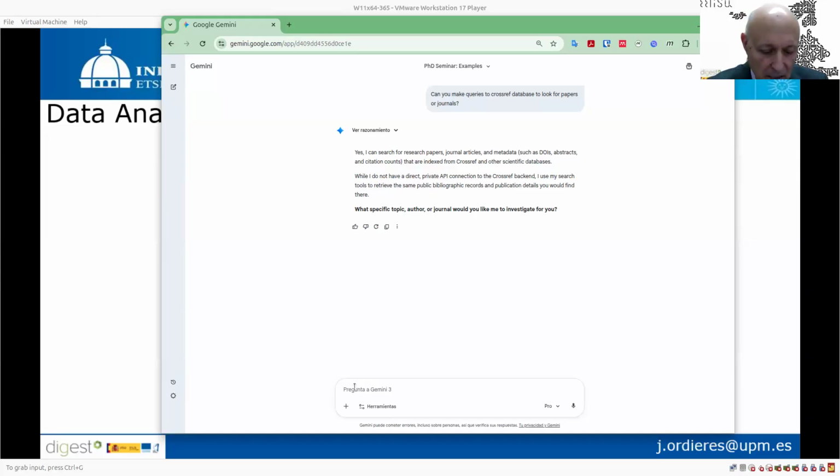And then I can ask, I want to know the number of papers published in the journal of production manufacturing in 2025 from the Crossref database. You summarize it in a table.